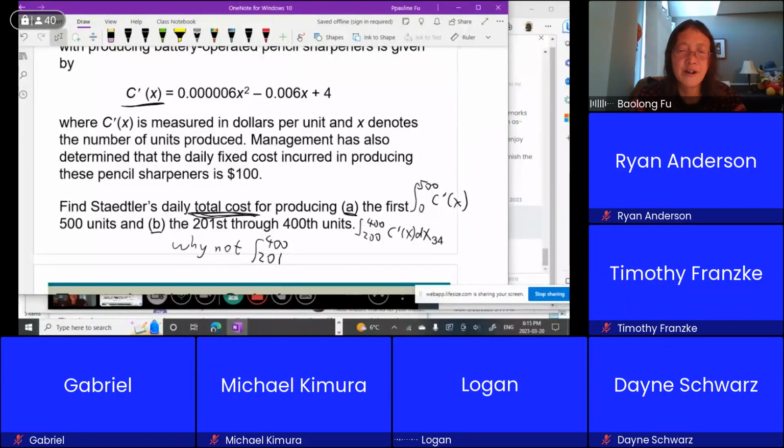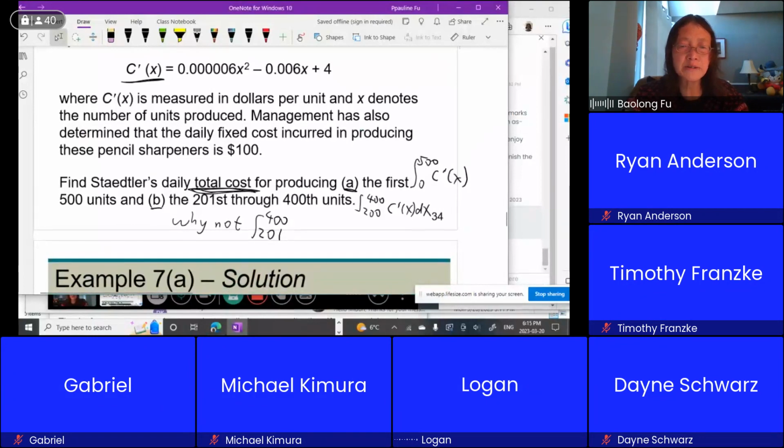Because the question asks from 201 to 400, it means the cost for 201, cost for 202, 203, and so on, until the cost for 400.